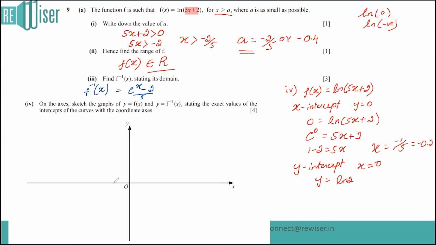So let's consider this as negative 0.2 and this as negative 0.4, and again this as negative 0.2 and this as negative 0.4. Also, the value of ln2 would be somewhere here.